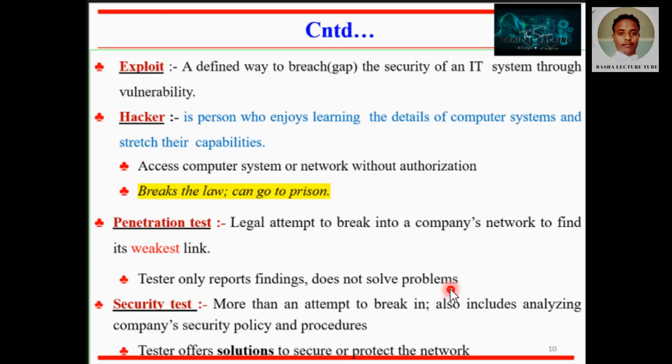They only do the ethical hacking and give the report to the company. Based upon that report, the security experts in that company can devise solutions to protect their network and avoid the weaknesses identified during penetration testing or ethical hacking.